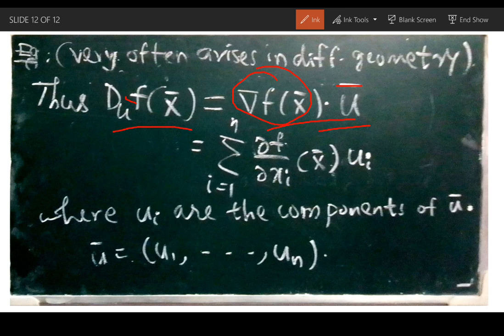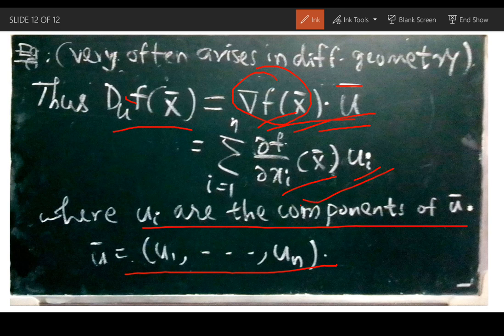So it is sigma i equal to 1 to n dou f by dou xi at the point x. That means components of del f into the respective components of the unit vector u. So ui are the components of u. In other words, u is this thing. So if you compute the inner product of del f at x with u, you will get this expression. So this is the expression for the directional derivative in terms of the components of del f and u. Hope you understood.